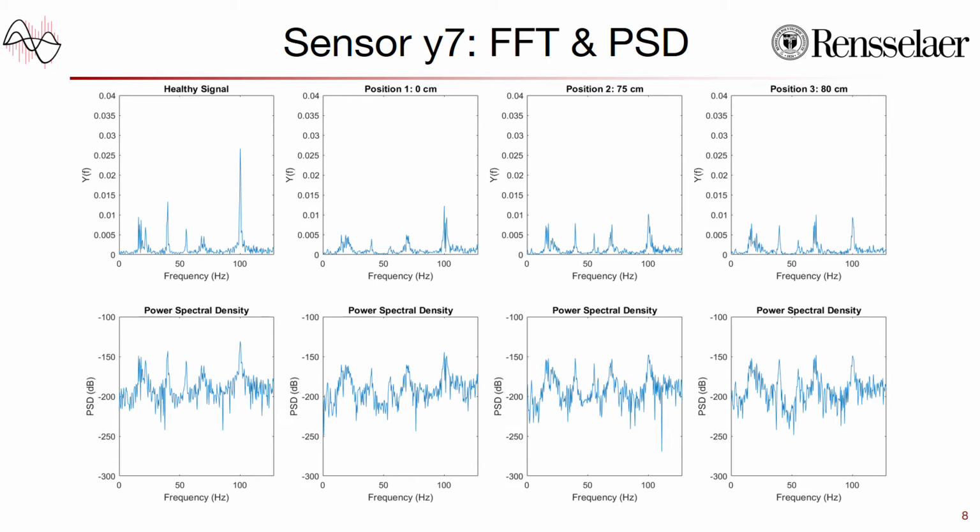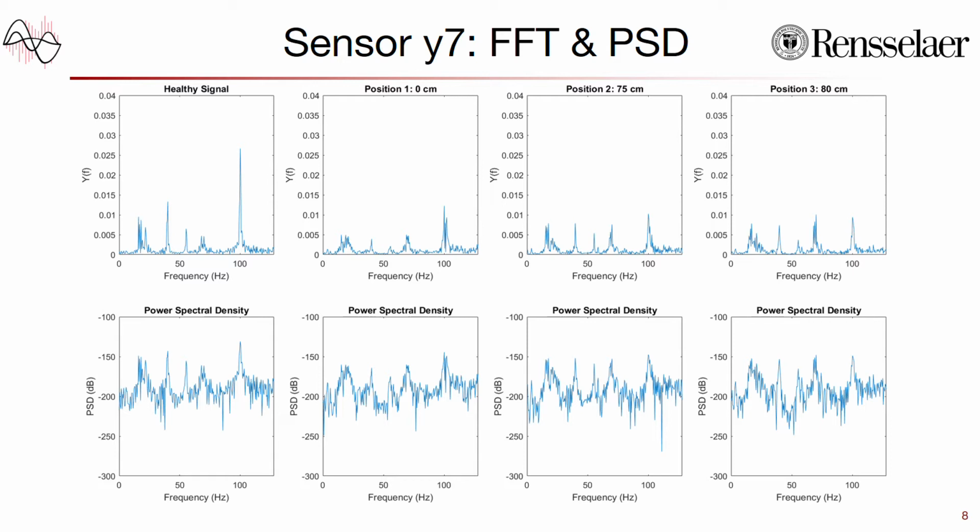I did the same thing with sensor Y7, which was on the horizontal stabilizer in the back. These signals are generally not as strong as sensor Y2, because this is with respect to the horizontal stabilizer.